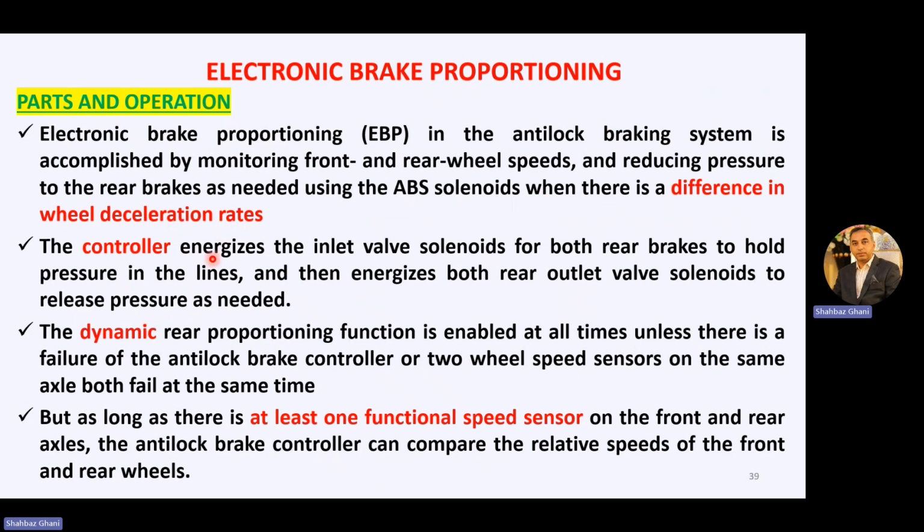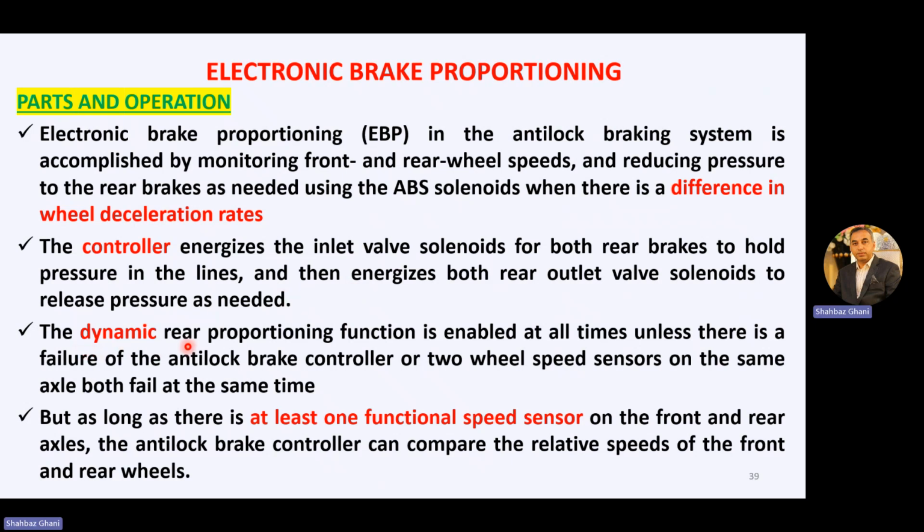The controller energizes the inlet valve solenoid for both rear brakes to hold pressure in the line, and then energizes both rear outlet valve solenoids to release pressure as needed. So basically the electronic system controller energizes and de-energizes the solenoid valves to maintain that pressure in the system when we apply the brake.